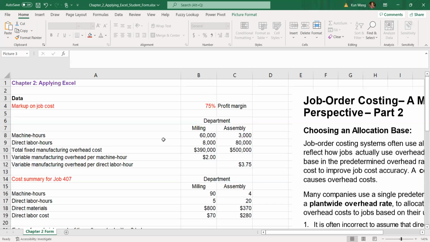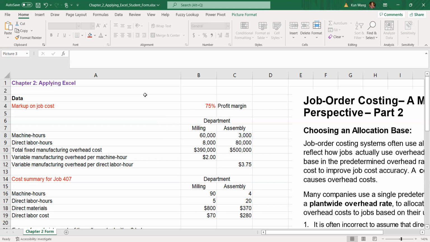After we calculate the cost for the entire job, we need to find out a charging price for customers. And the charging price is normally estimated by a markup rate, okay, markup percentage, meaning how much profit the company wants to earn on this job. For example, I want to earn 75% of the cost as my profit.